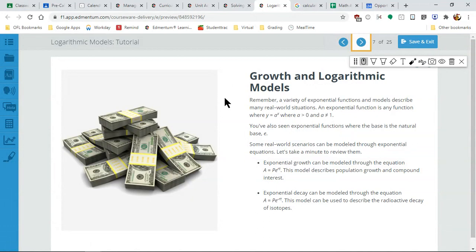So the next thing we're going to talk about is logarithmic growth models. One way we did it was the half-life model, for example.